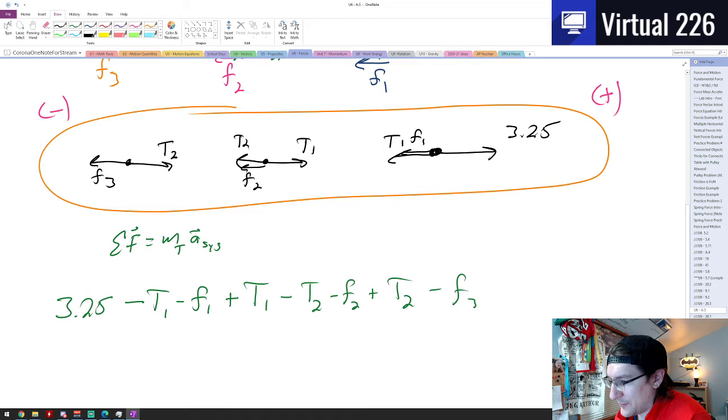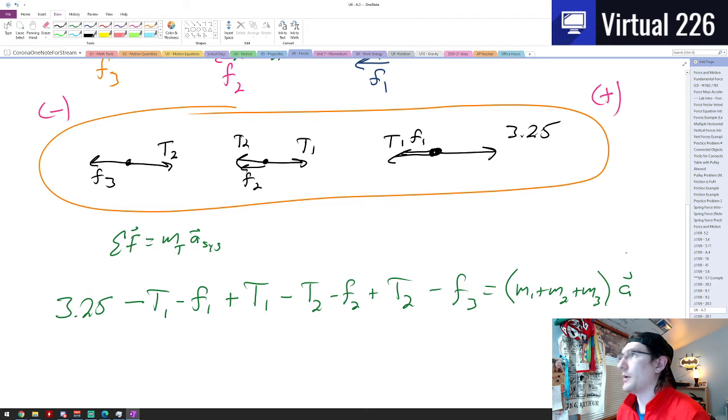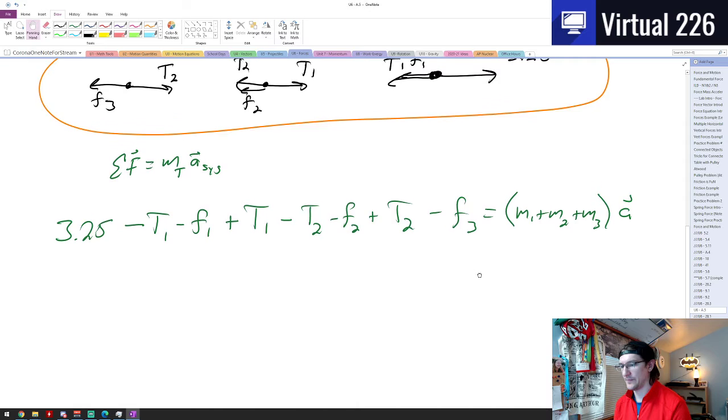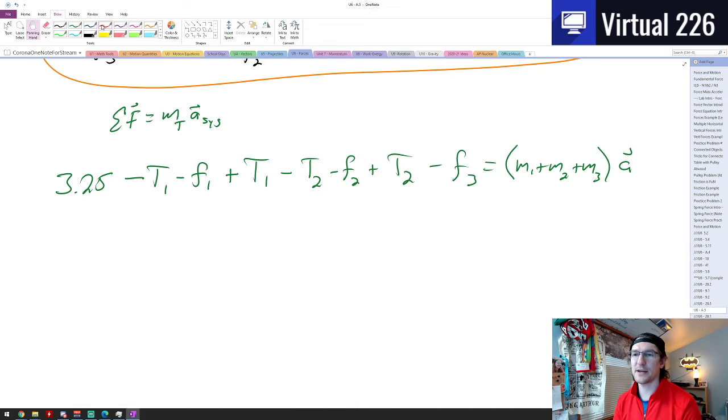T2 minus F3. This will equal the mass of all of the train parts, mass 1, 2, and 3, multiplied by the acceleration. Oh, that's the biggest thing we've written out all year, but it's going to get a lot smaller. Negative T1 and positive T1, boom, they're out of here. Negative T2 and positive T2, boom, they're out of here.